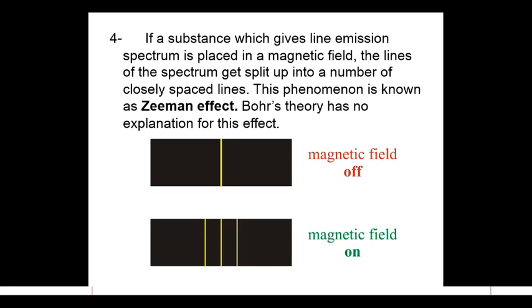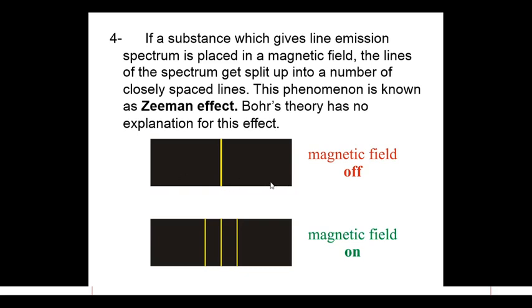If a substance gives an emission spectrum, when it is placed in a magnetic field, the lines of the spectrum get split into a number of closely spaced lines. This phenomenon is known as the Zeeman effect. I repeat, whenever we take a spectrum, here you can see a spectrum, isn't it? Think of this to be a spectrum of any atom.